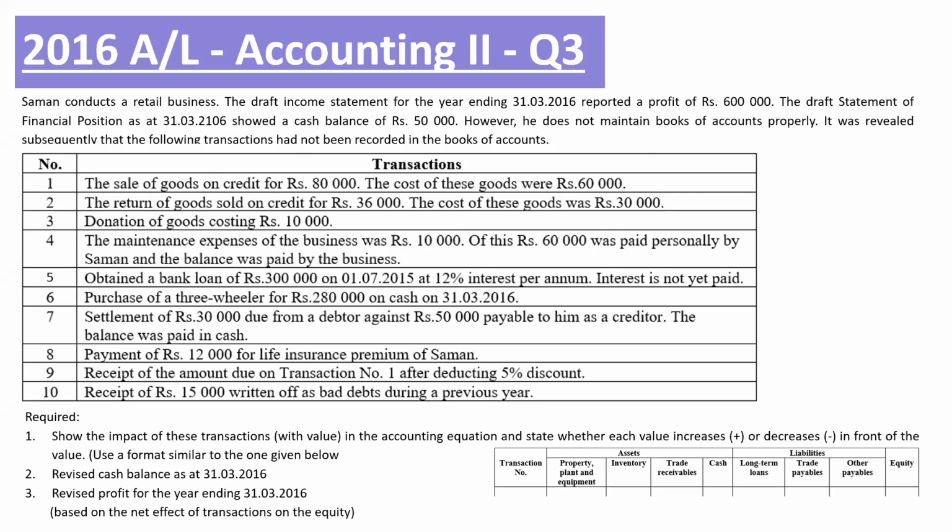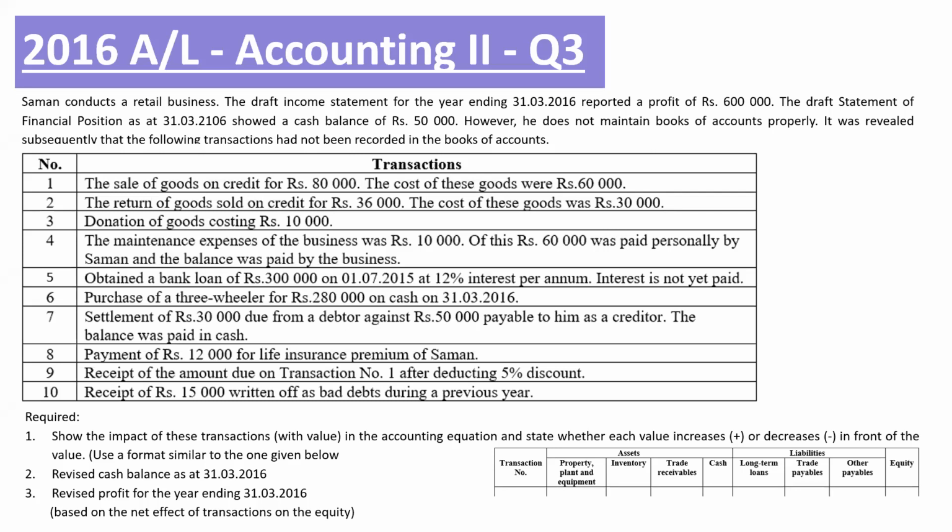Assets has been divided into PPE, inventory, trade receivables, and cash. Liabilities: long-term loans, trade payables, other payables. And finally, the equity. Number 2, calculate the revised cash balance. After recording this, what will be the cash balance? Third one, revised profit for the year based on the net effect of transactions on equity.